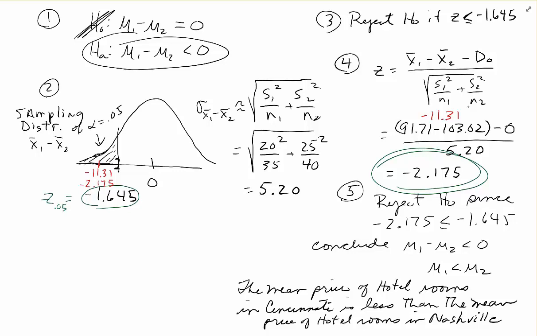And in this case, the difference in the population means is less than 0. So with a sample of 35 hotel rooms from Cincinnati and 40 hotel rooms in Nashville, I'm able to conclude that the mean price of all hotel rooms in Cincinnati is less than the mean price of all hotel rooms in Nashville.